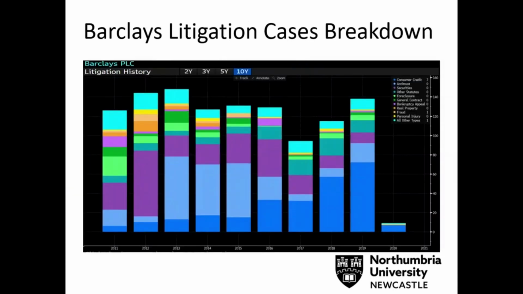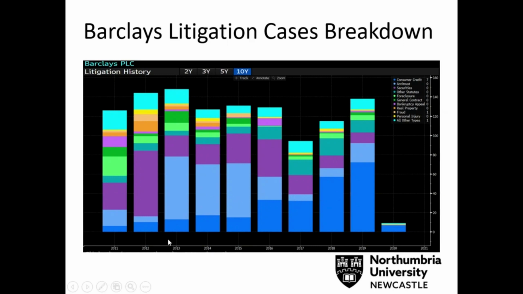What we can see here is broken down. So this is an example of Barclays, where the likes of the legislative cases against Barclays actually arise from over the last 10 years.